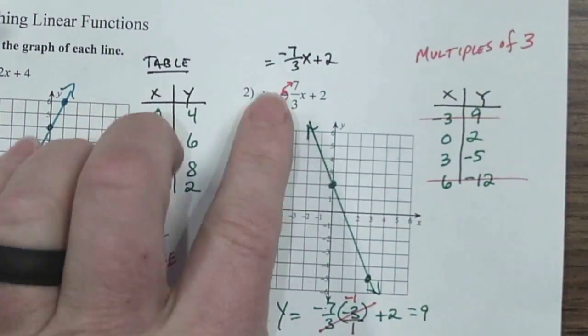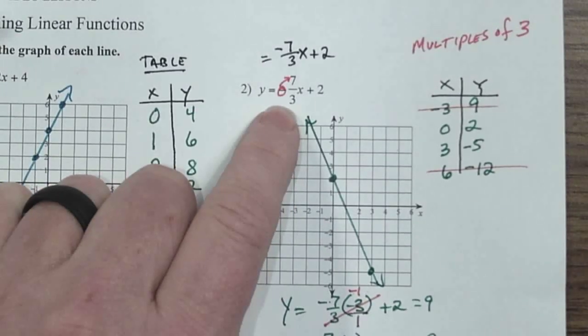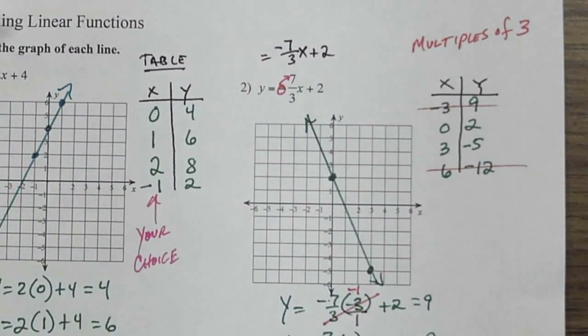Whenever I have a fraction, I choose multiples of that denominator. So if it was a 2, I would choose 0, 2, 4, 6, 8, even numbers. If it were a 4, I would choose 0, 4, 8, 12, things that are multiples of that.